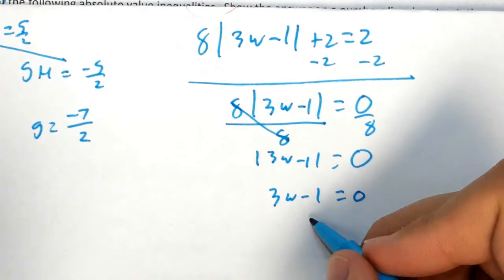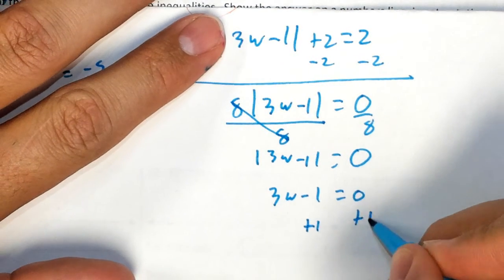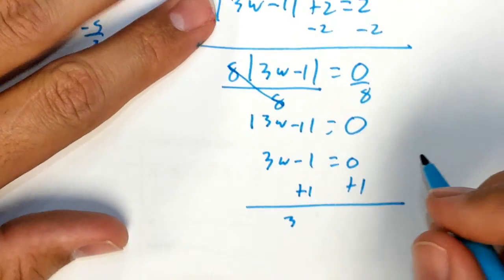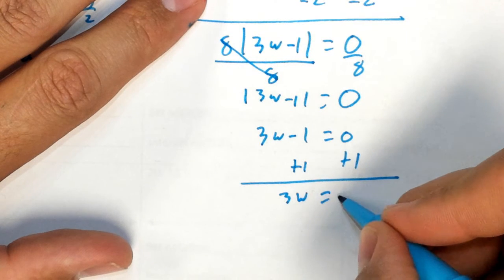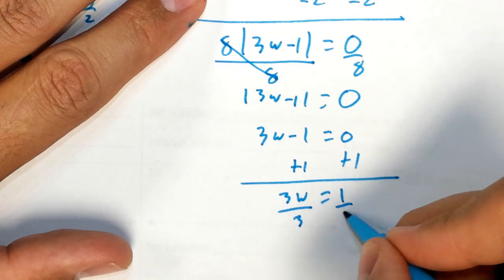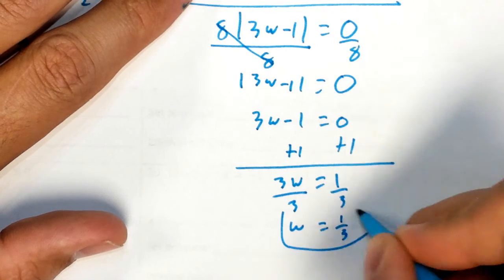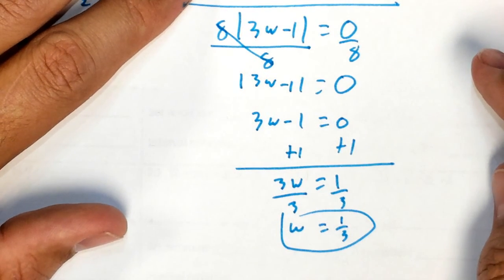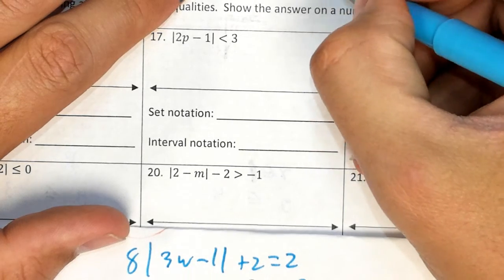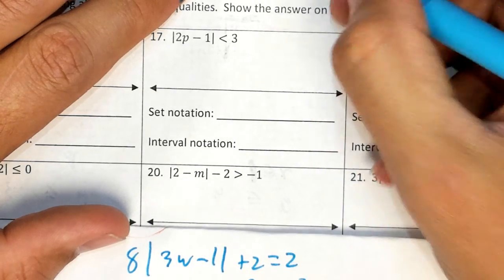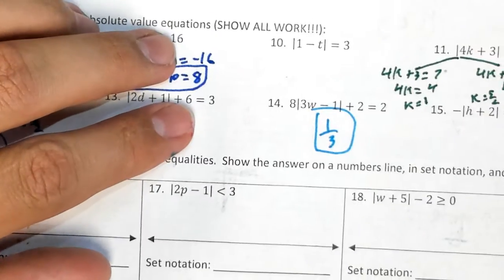Add 1 to both sides. 3w equals 1. Divide by 3. W equals 1/3. Box up that answer there.